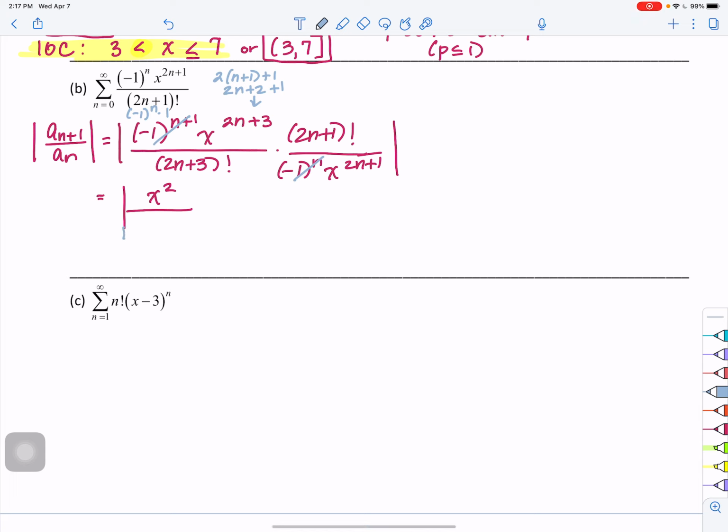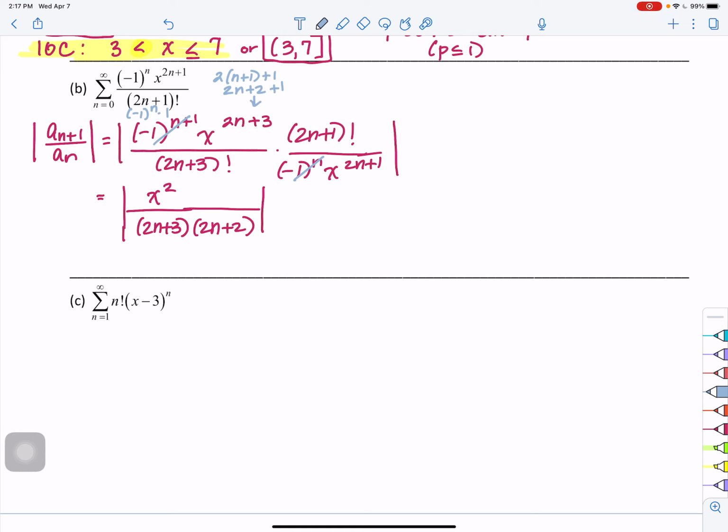And then 2n plus 3 factorial is 2n plus 3 multiplied by 2n plus 2 multiplied by 2n plus 1 factorial, which would cancel there. Okay? So that's what we're left with.